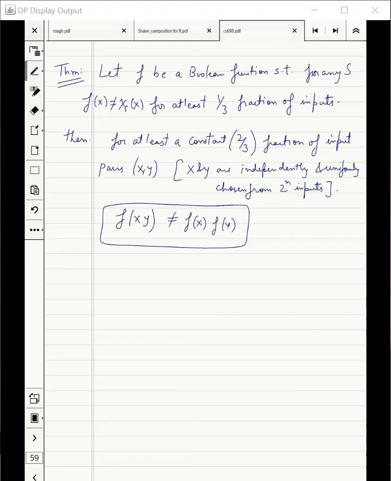Sounds good? Are you clear that this is the theorem which you want to prove to show that our algorithm works?